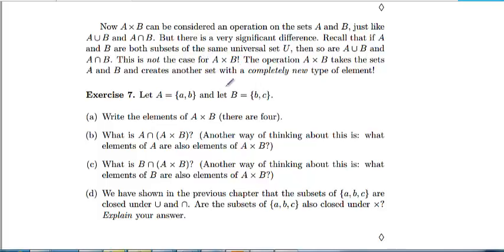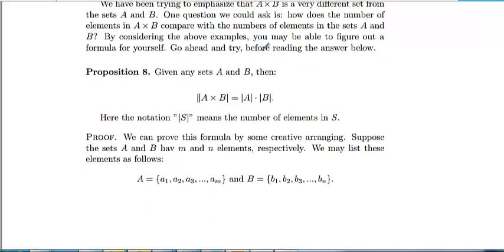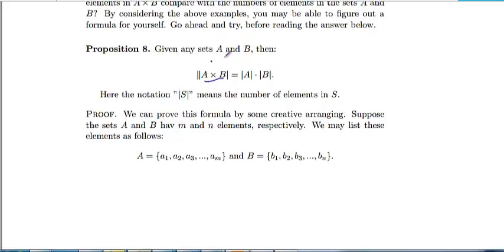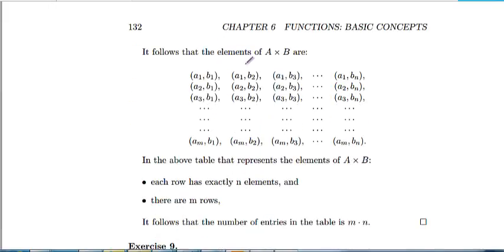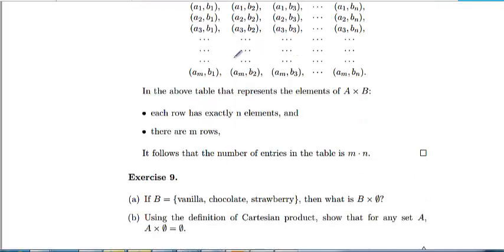In other words, the elements of A cross B are neither elements of A nor of B. Some properties of it, it's called a set product or cross product, and you can represent the elements in A cross B as a table.